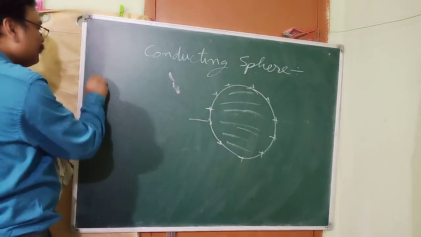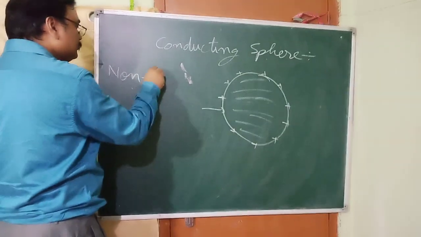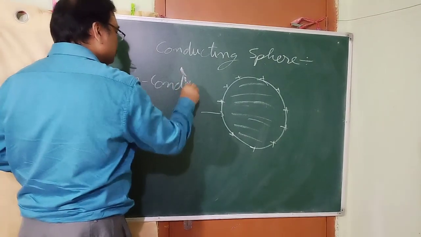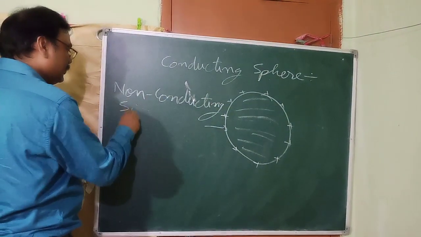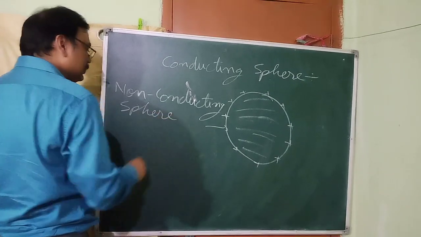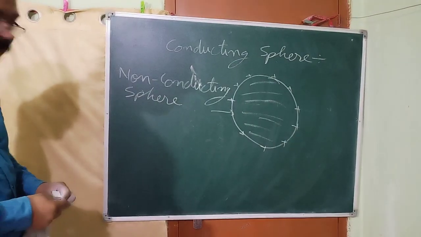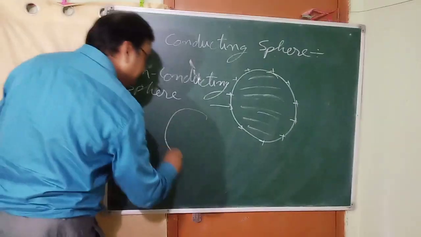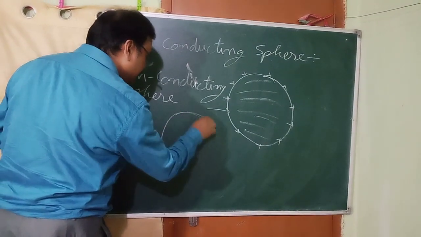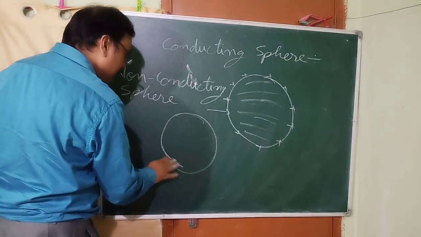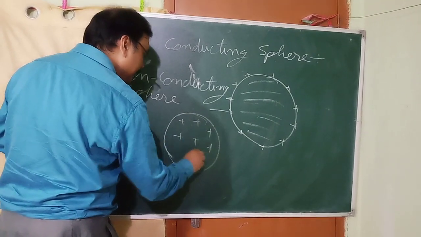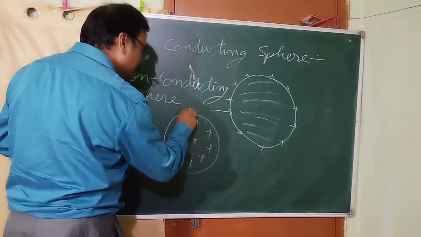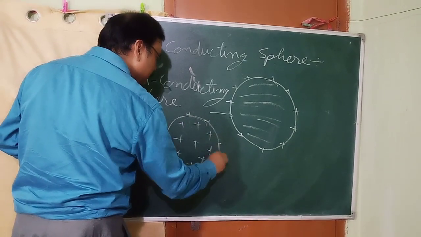But in the case of a non-conducting solid sphere, whatever charge you give it will get distributed throughout the body. It will be there in the bulk, as well as on the surface.